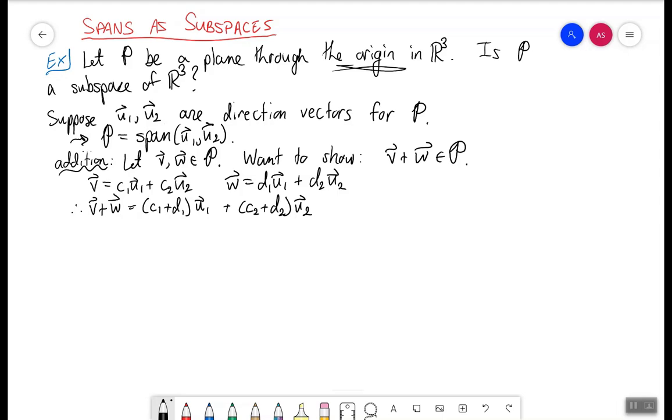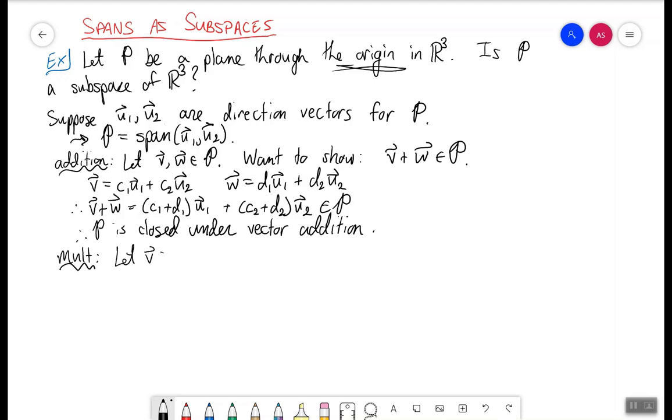Since C1 plus D1 and C2 plus D2 are both real numbers, this expression, and therefore V plus W, is indeed in P, because remember, P is the span of U1 and U2. Therefore, we conclude that indeed P is closed under vector addition.